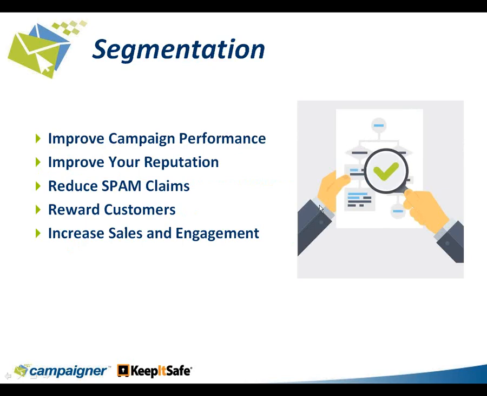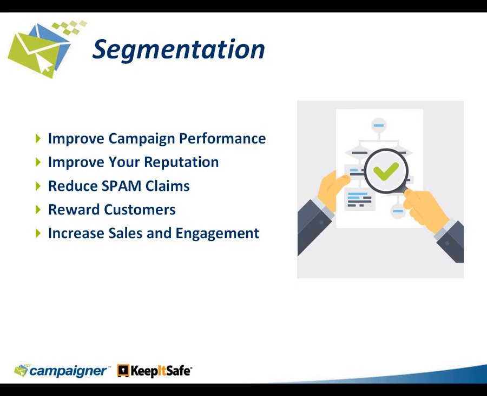So segmentation allows you to target your email campaigns to get better results. As I have written here, it allows you to improve your campaign performance, which of course are your opens and your clicks. It'll improve your reputation. If you're sending campaigns targeted to your customers, they're going to open them and enjoy them a lot more than if you're just kind of spraying and praying to everyone in your contact list.